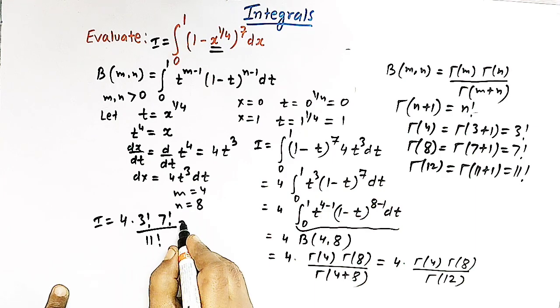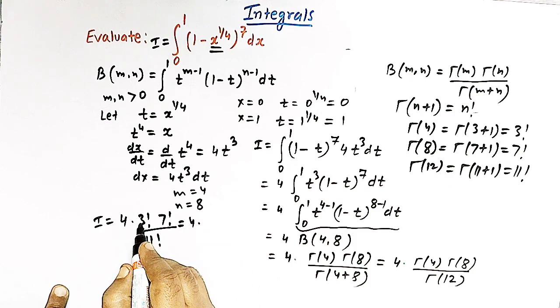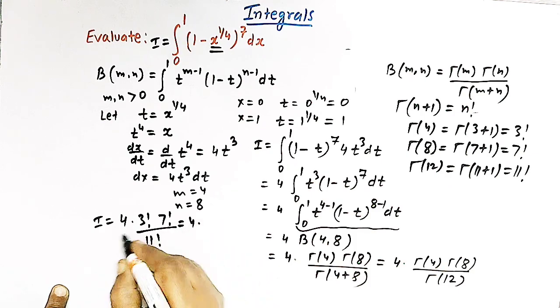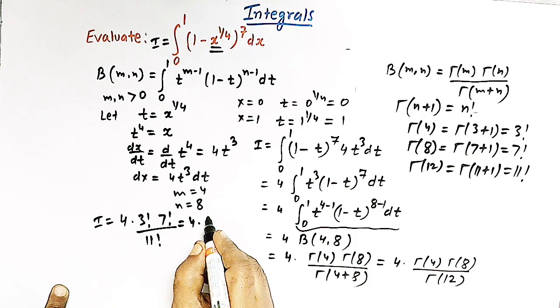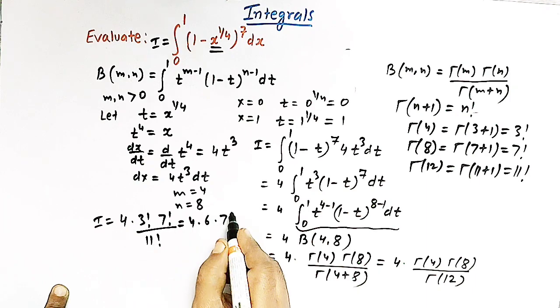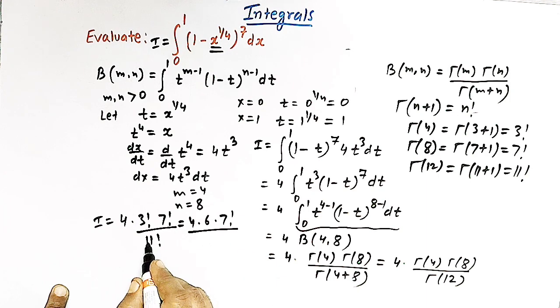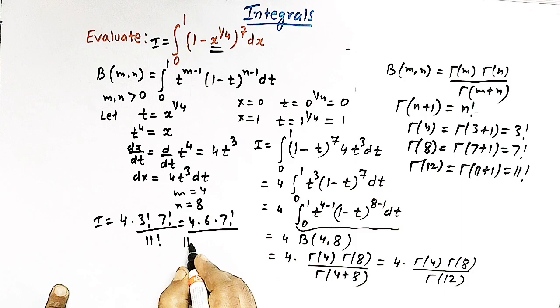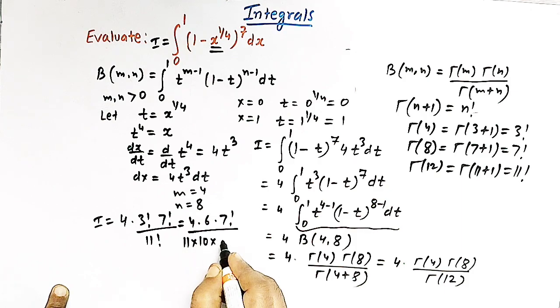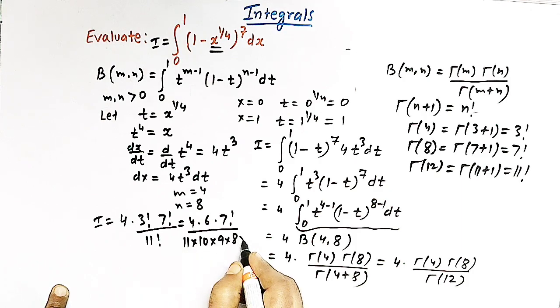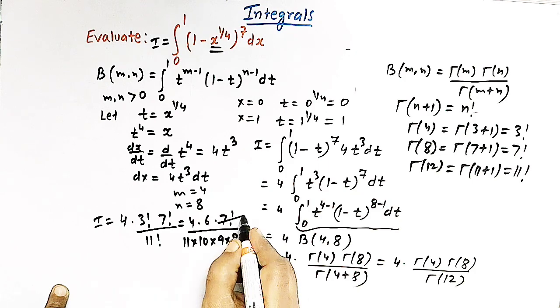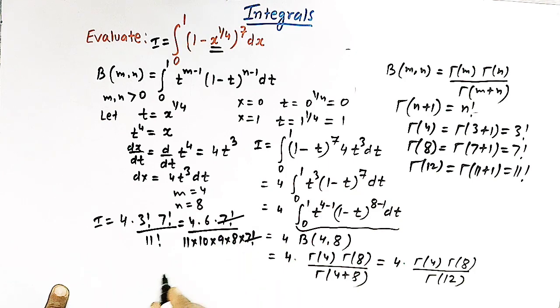So now we can write 3 factorial is simply 3 times 2 times 1, that is 6, and here we have 7 factorial. Let us write 11 factorial as 11 times 10 times 9 times 8 times 7 factorial. So here 7 factorial and 7 factorial get cancelled, and here we can now cancel this 8 by 2.